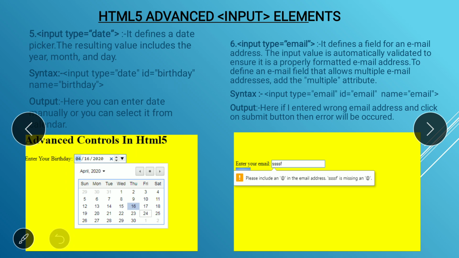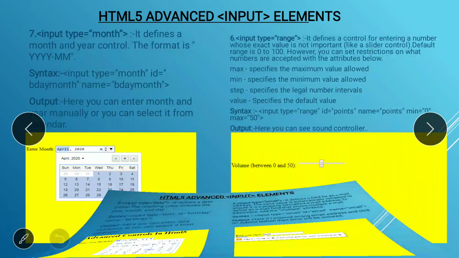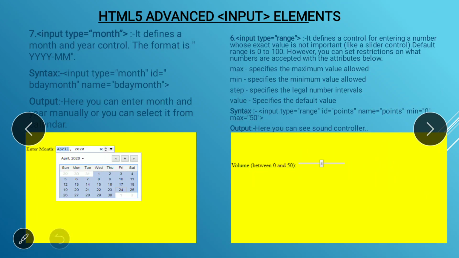Okay, next is nothing but the email. Here you can see a text box, and here if you do not enter a proper email, at that time it will give you the error, right? Okay, next tag is the month.